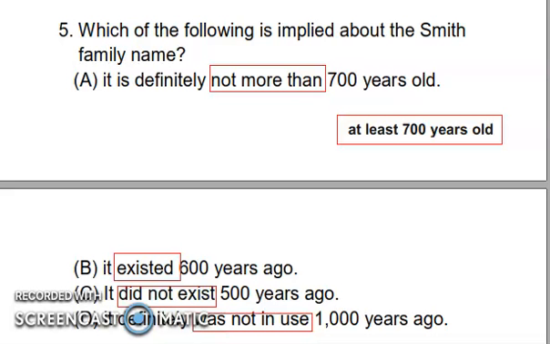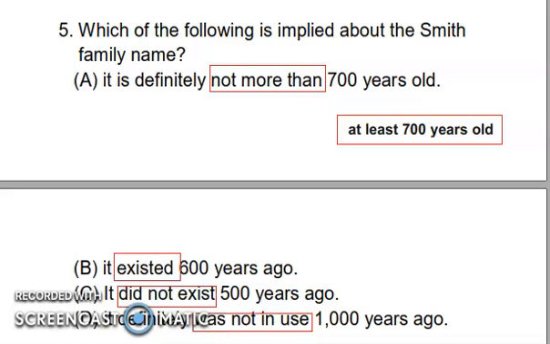That is the answer or the option C. Yeah, we discuss it together because it's just almost the same, about the existence of the Smith family name. Whether 600 years ago it exists, 500 years ago it exists or not. Yeah, I guess the answer B is right.